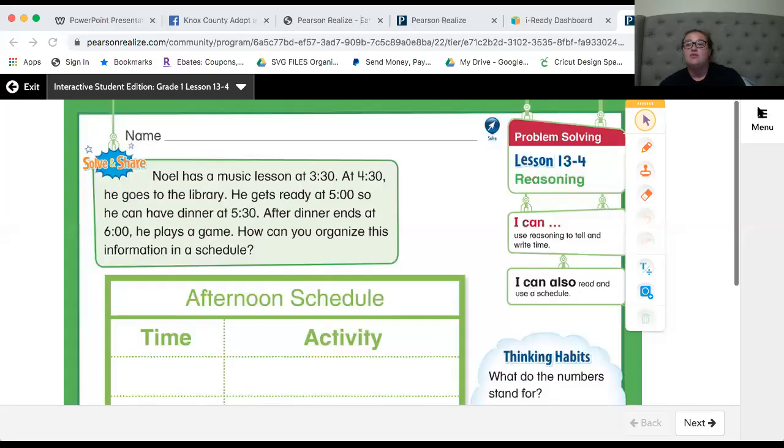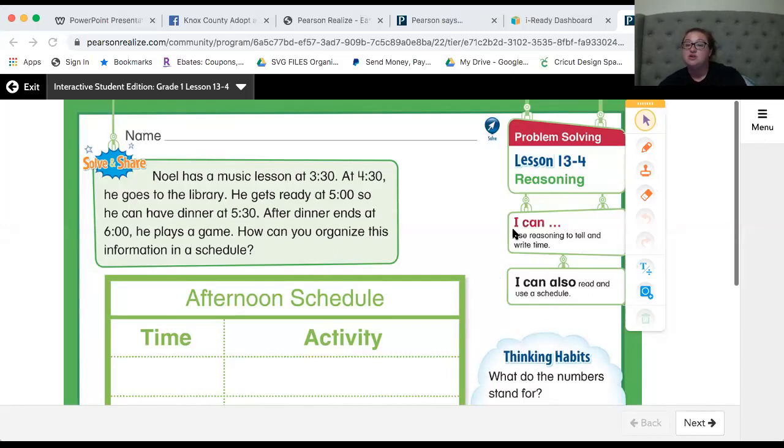My math lesson is going to look just a smidge different than yours, because I've done the interactive one so that you can see these little tools, so I can write on the computer and you can see it.